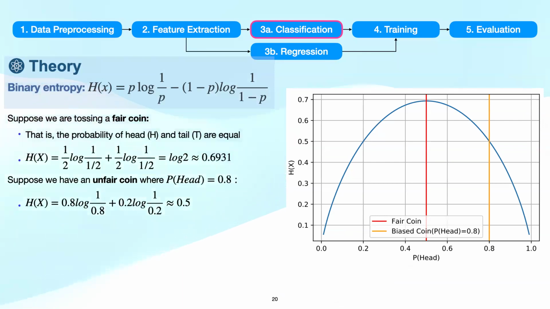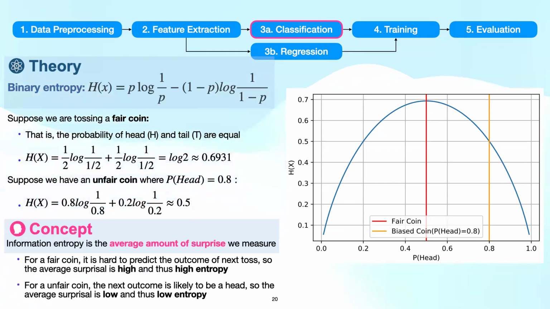So if you plug this value into the binary entropy equation, your binary entropy is now at 0.5, which is smaller than 0.69, right? This is 0.7, this is 0.5. So when you have an unfair coin, your entropy is actually decreasing.